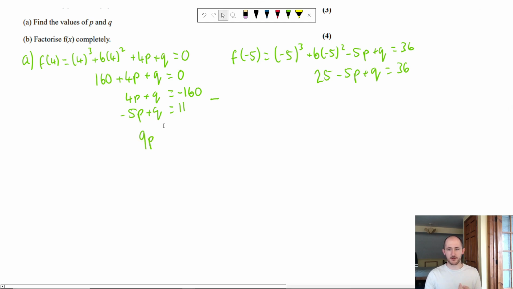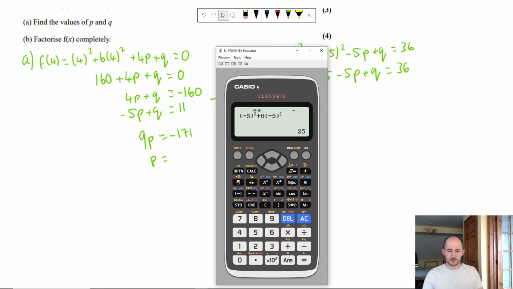Q minus q is obviously 0. Minus 160 minus 11 is minus 171. So then 9p is equal to minus 171, so p is minus 171 divided by 9, which, hold on, minus 171 divided by 9, minus 19.